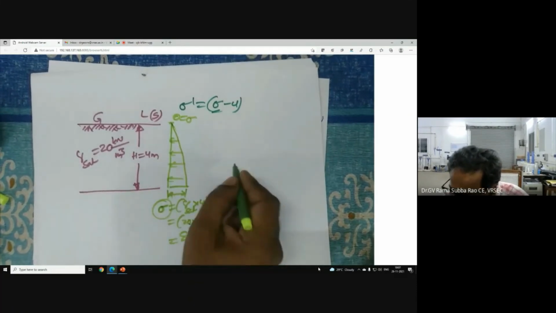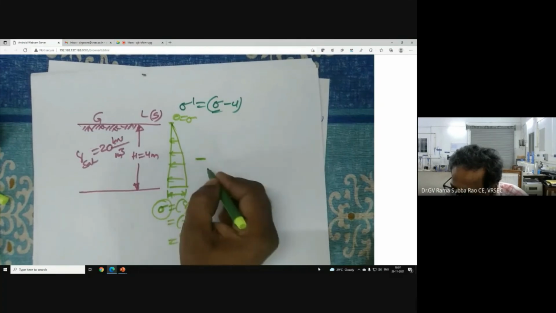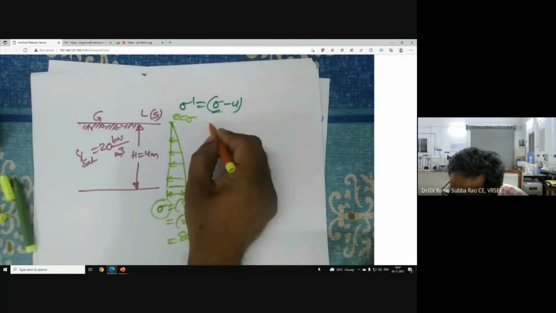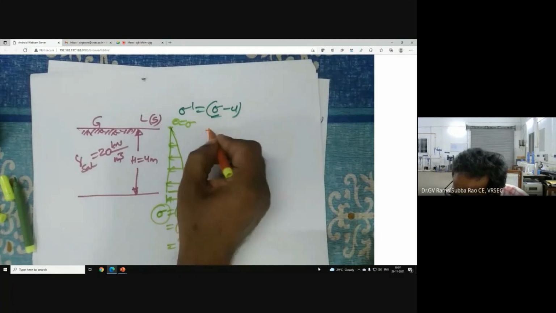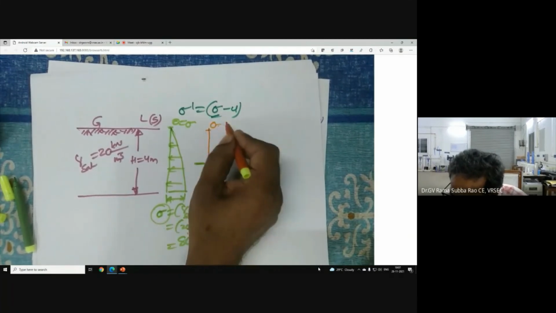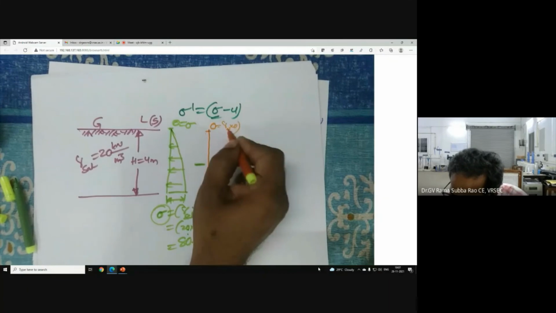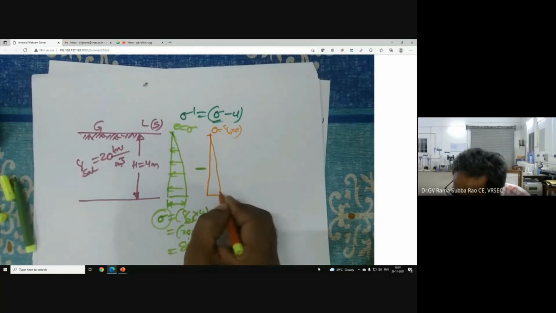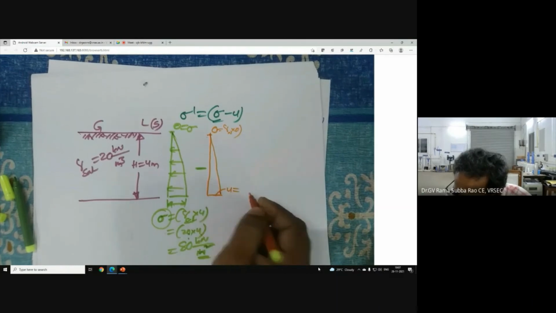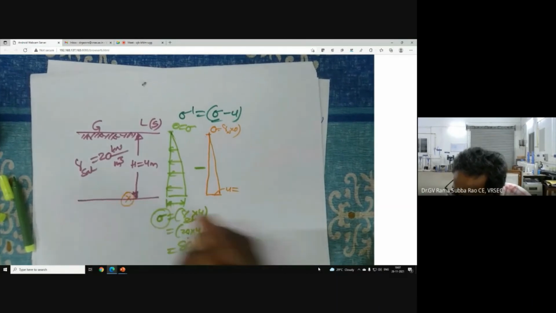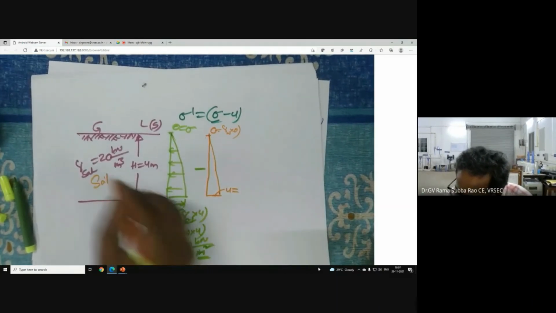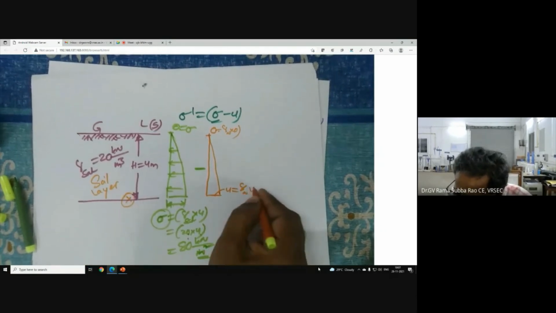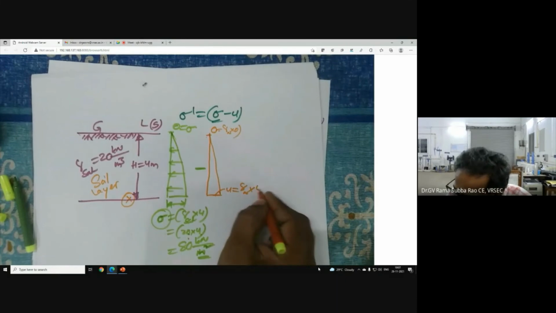Now let us proceed to determine pore water pressure. It is 0 at the top, gamma of water into 0, because there is no water table above the ground level. Now, what about the water pressure at the base of the soil layer? U is equal to gamma of water into height of water, which is 4.